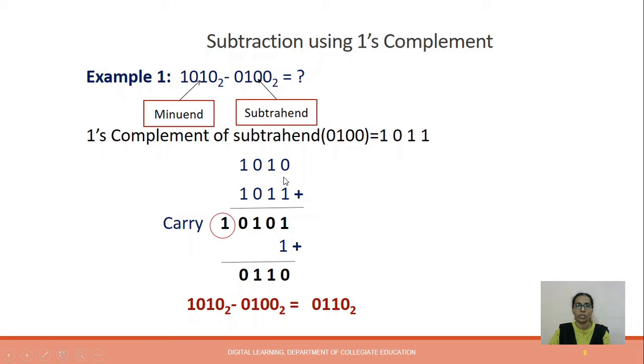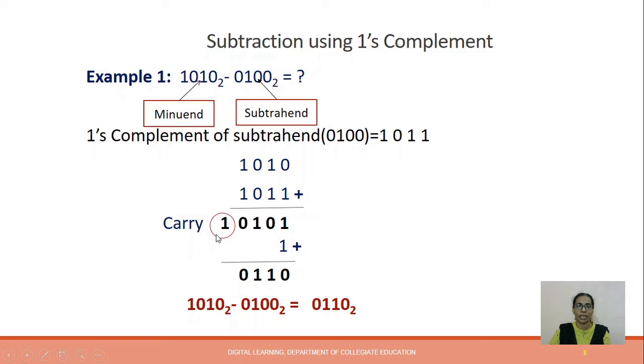So 1010, which is minuend, plus ones complement 1011. Now the answer is 0 plus 1 is 1, 1 plus 1 is 0 with a carry 1. So 1 plus 0 plus 0 is 1, and 1 plus 1 is 0 with a carry 1.